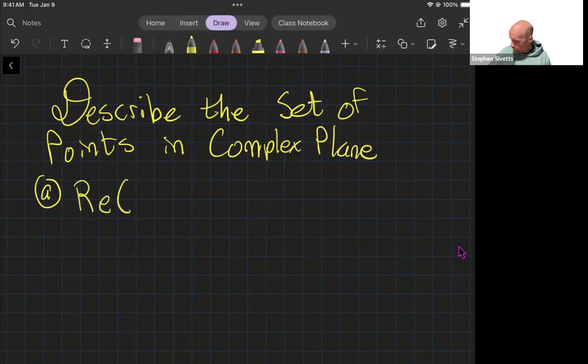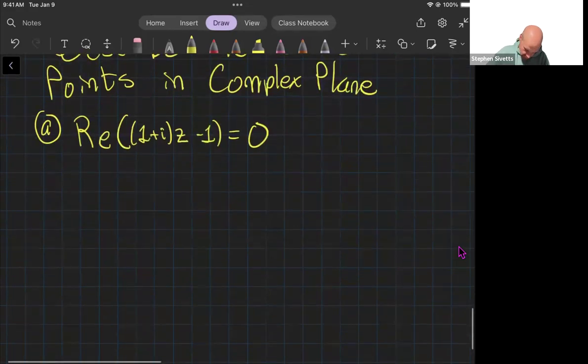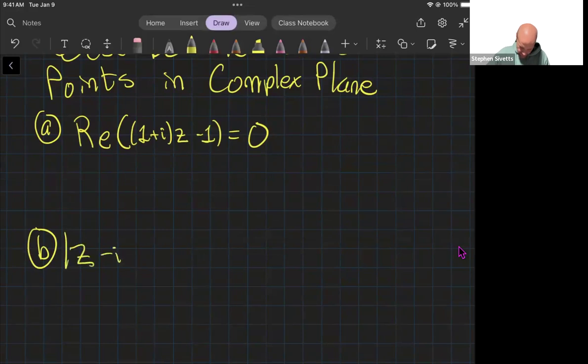We want the set of all points Z for which (1 plus i) times (Z minus 1) has real component 0. That's the first part. B, we want the points where the modulus of Z minus i is equal to the modulus of Z minus 1.